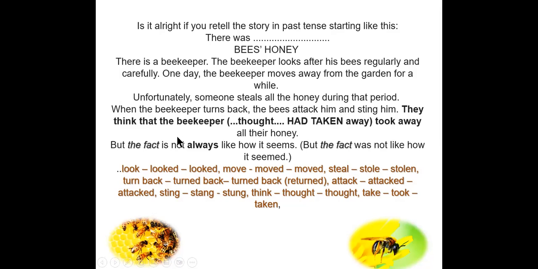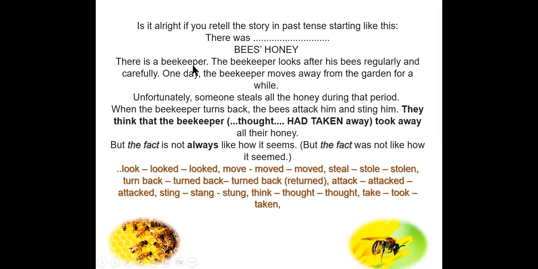They think that the beekeeper took away all their honey. But the fact is not always how it seems.